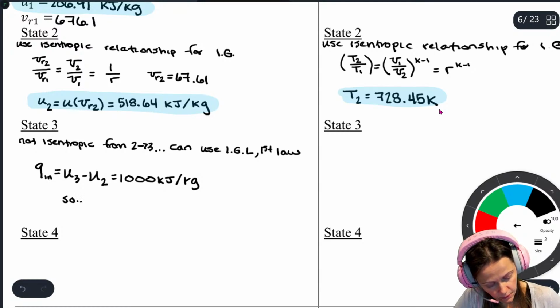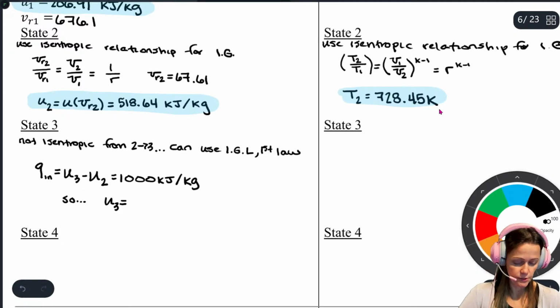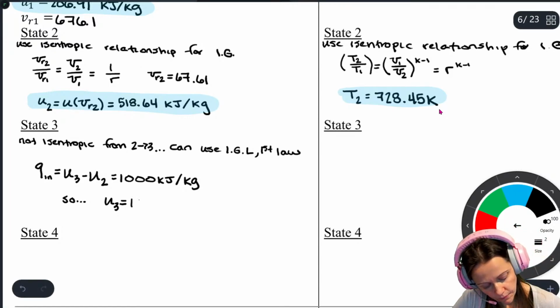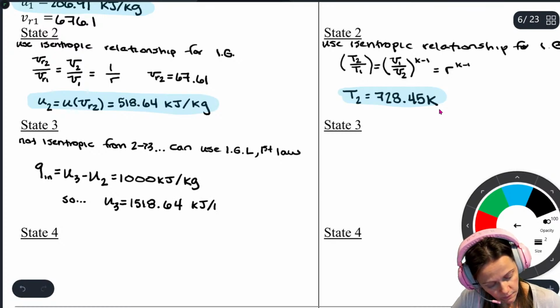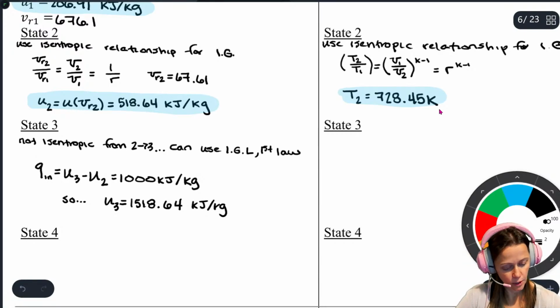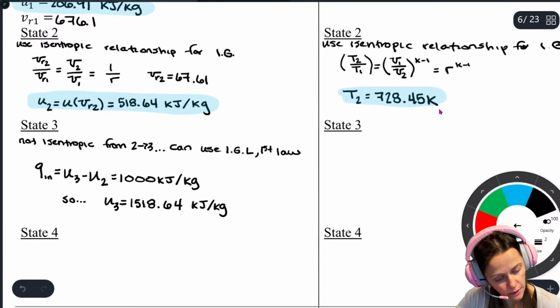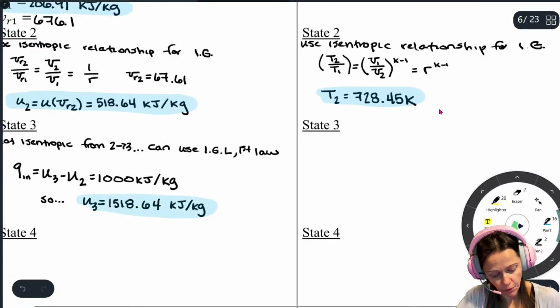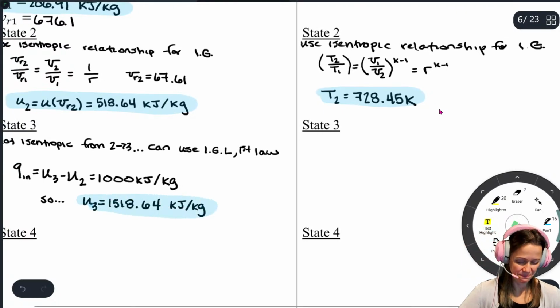So our U3 is just going to be 1,000 plus our U2 value, so 1518.64. All right, perfect. So there's our U3, and we're moving right along, aren't we?